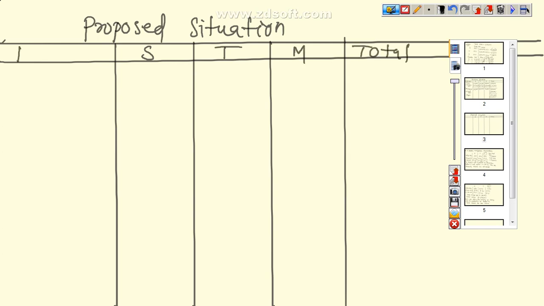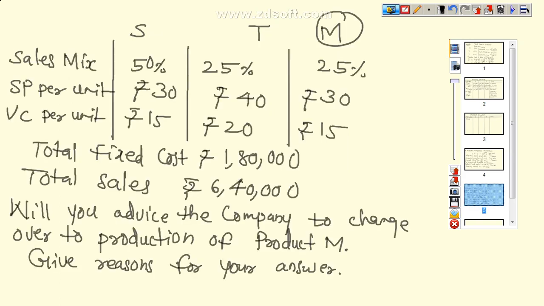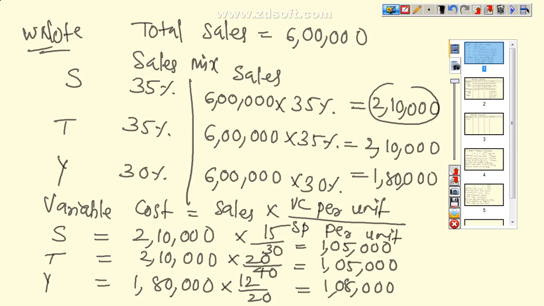Here we write particulars. So first we have to write sale. So we calculate sale. Total sales for proposed situation is given as 6,40,000. So again we have to make the working note.